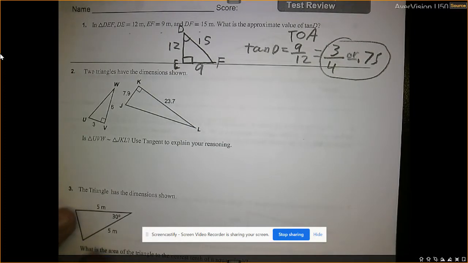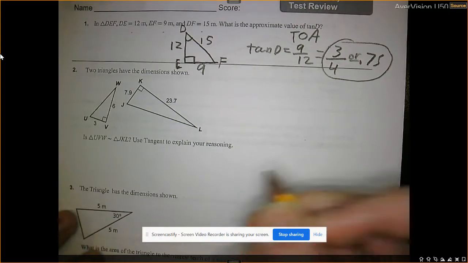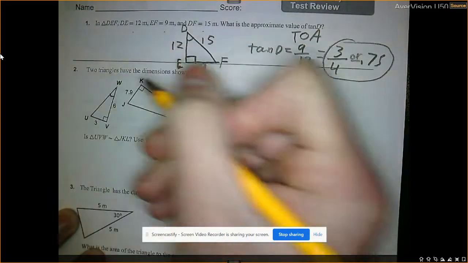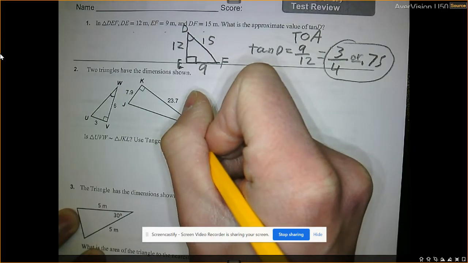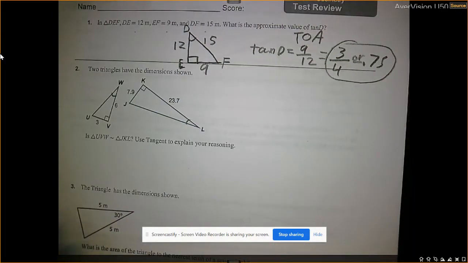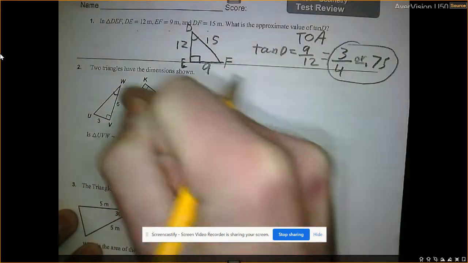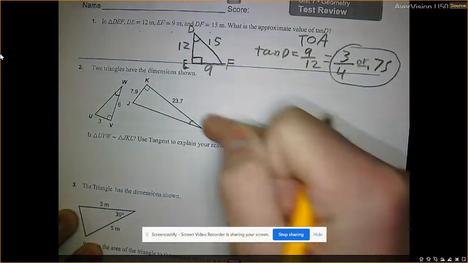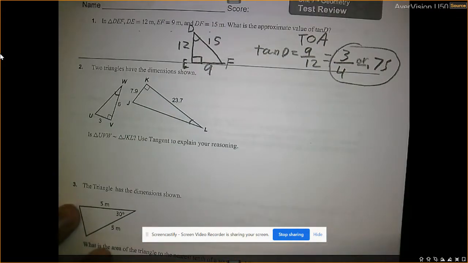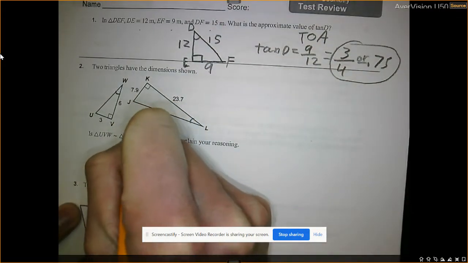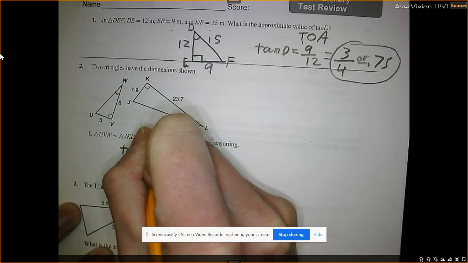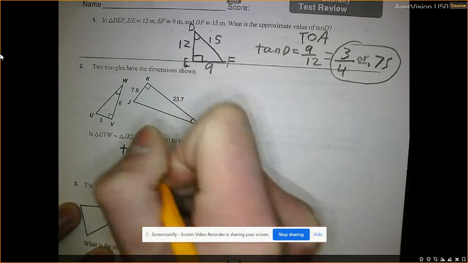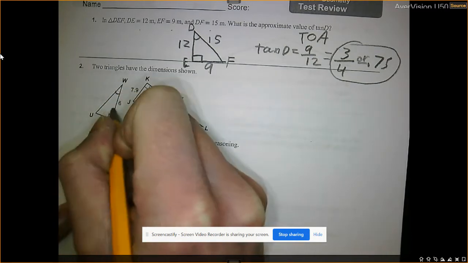Well, again, if we're going to use tangent, we can use, how about W and L? Those are the two vertices by the long side, or adjacent to the long side, I would say. So I can go ahead and say, tan of W, again, that equals opposite over adjacent.